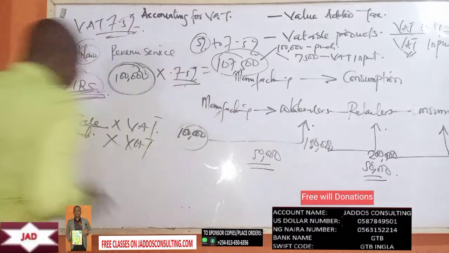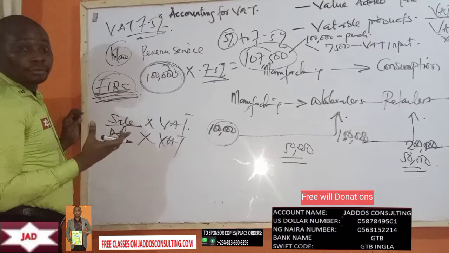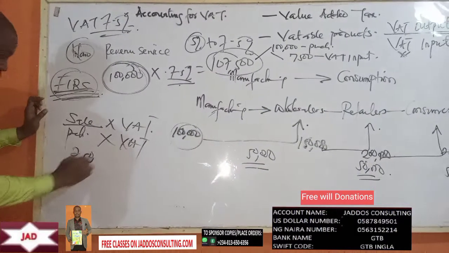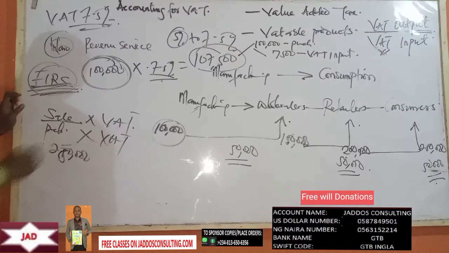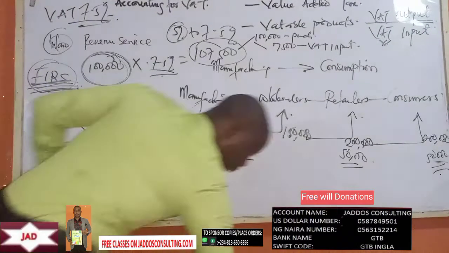Now when you sell, you're going to sell at a value. So let's say you're selling at 250,000. The final consumer gets it at 250,000 naira, and he also pays 7.5%.